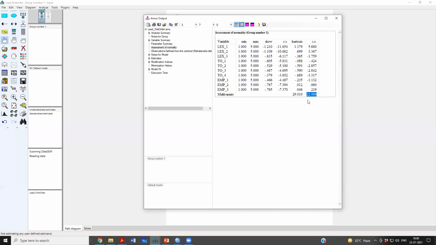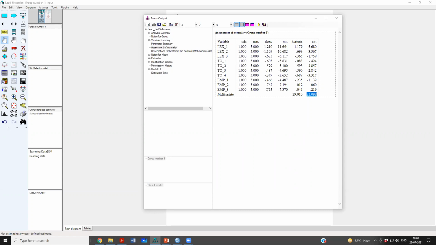Okay, and sir, shouldn't the skewness and the kurtosis be between -1 and +1? No, for the kurtosis, we say it is usually plus minus 3. And for skew, plus minus 1 or plus minus 2 is considered to be okay.